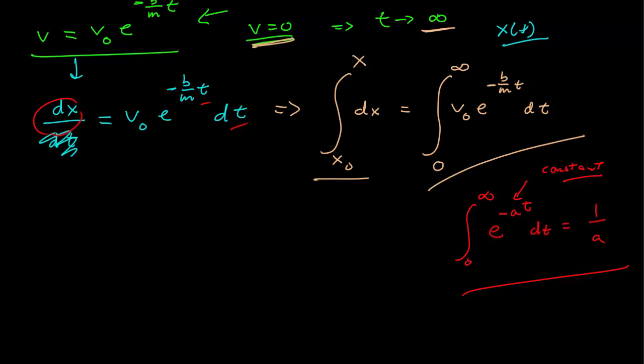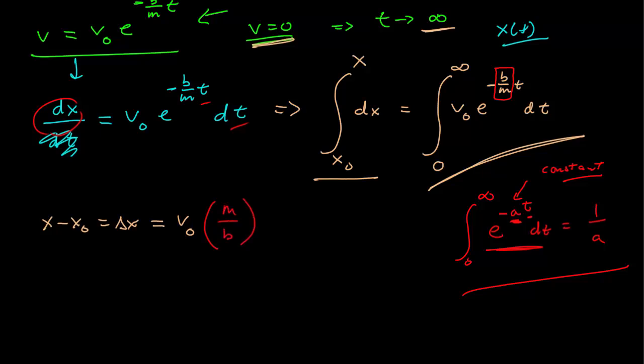This part just becomes x minus x naught, or delta x, and then this becomes v naught times, well, what's this expression here? In this expression, a is the constant in front of the t, and that constant is b over m. So this definite integral reduces to 1 over b over m, or m over b.